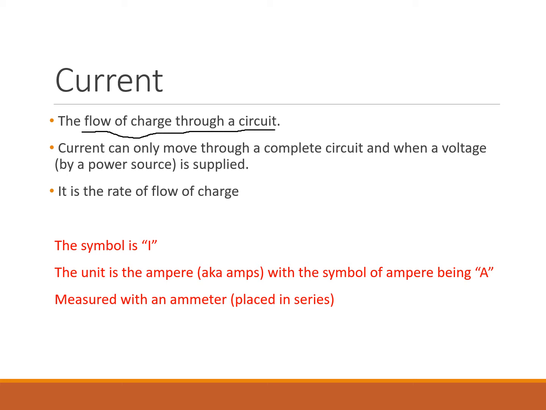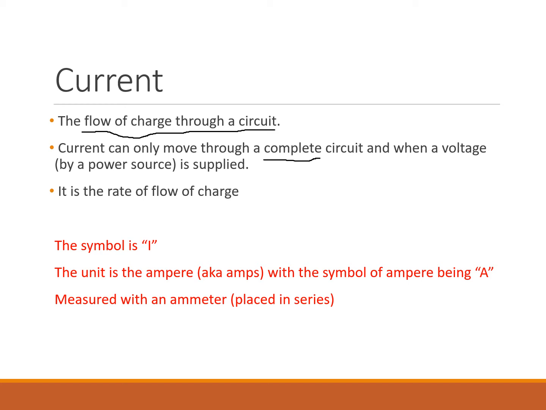So it's the flow of something. In this case, our current is electrons. In the case of a river, our current would be of water, right? Current, in the case of circuits, can only move through a complete circuit. So current will not flow unless the circuit is complete. That's something you know already.